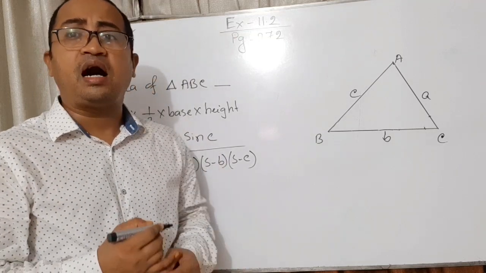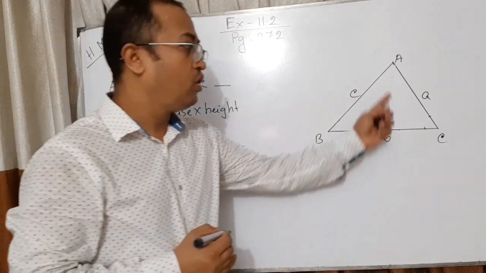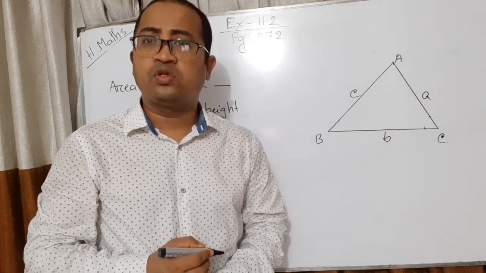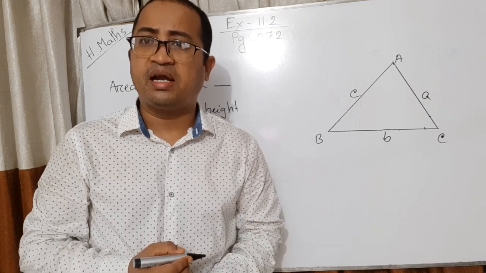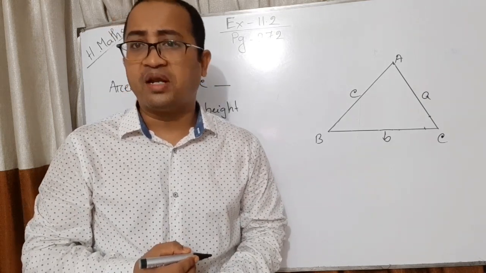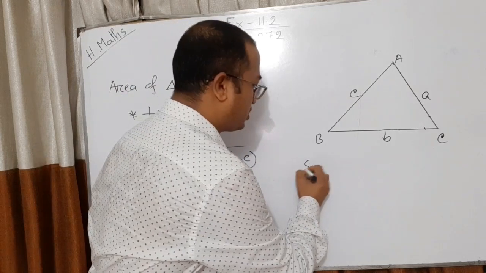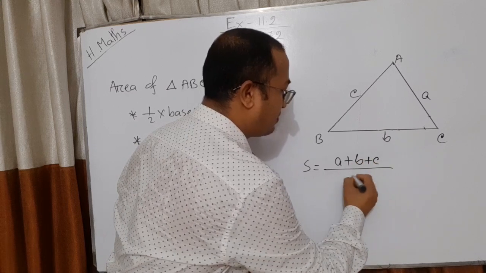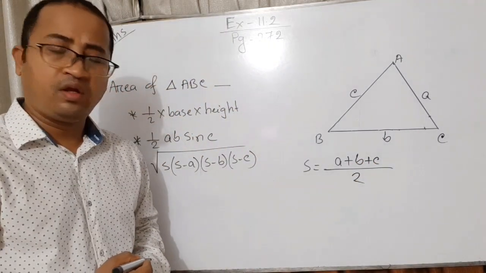Here s is the half of the perimeter. You know all three sides, the lengths of the three sides of the triangle. So you can find the perimeter easily by adding these three sides, and s is the half of the perimeter. That is, s is equal to a plus b plus c by 2.